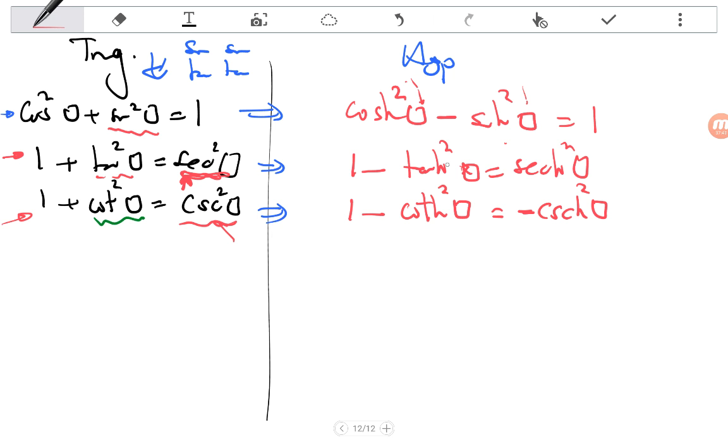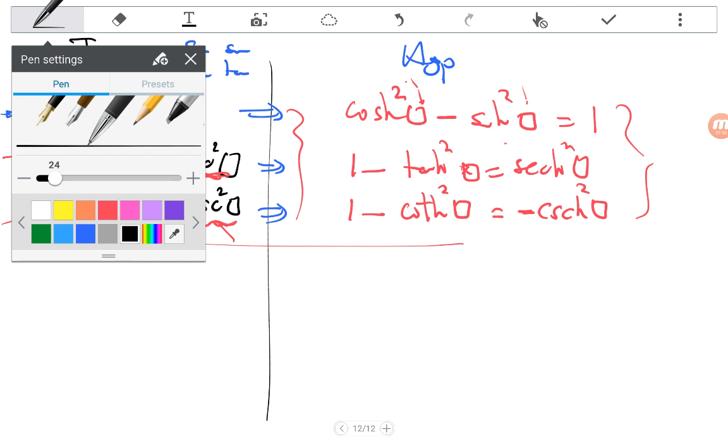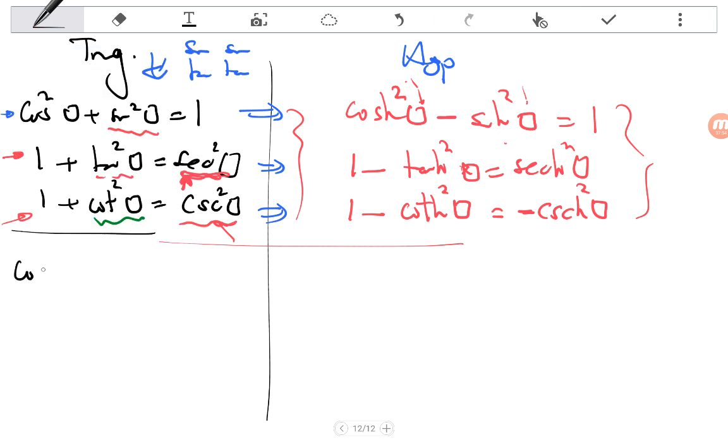Okay, so these are three rules which are analogous to the rules in trigonometry. Just apply this for any trigonometric rule that you have learned. For example, you know the rule that says cosine 2x is equal to cosine squared minus sine squared, or the one that is saying 1 minus 2 sine squared, or the one that is saying 2 cosine squared minus 1.